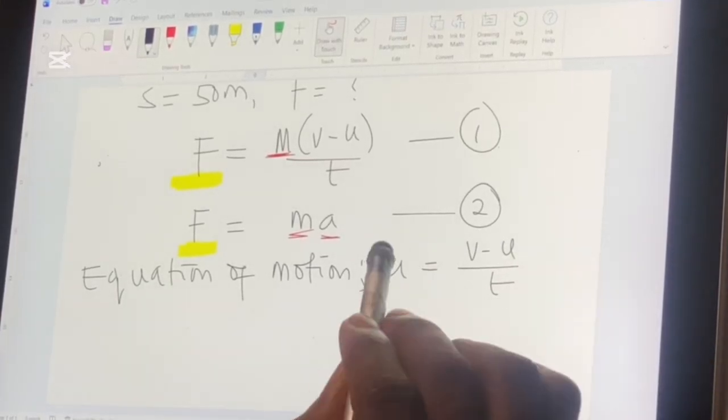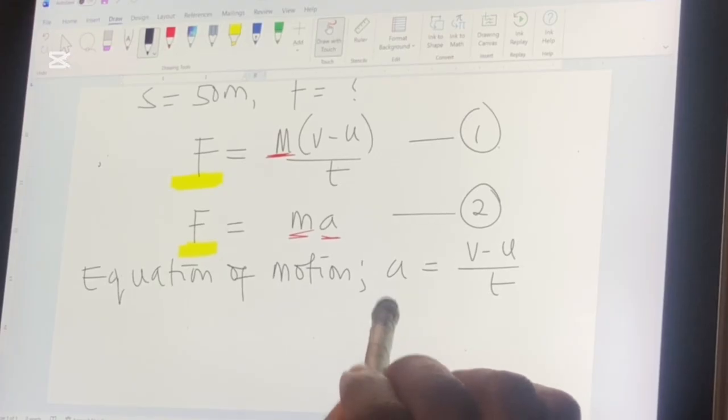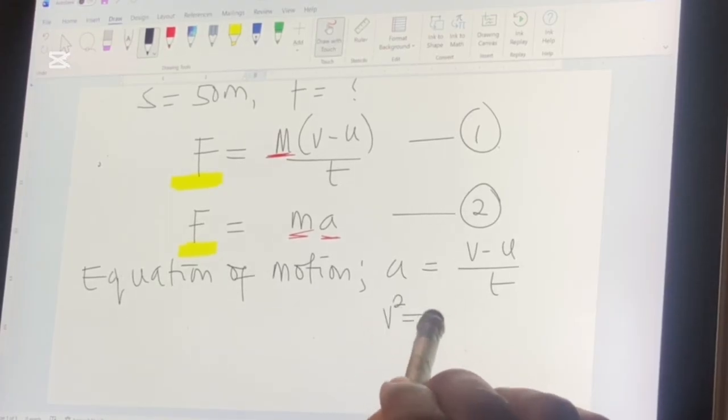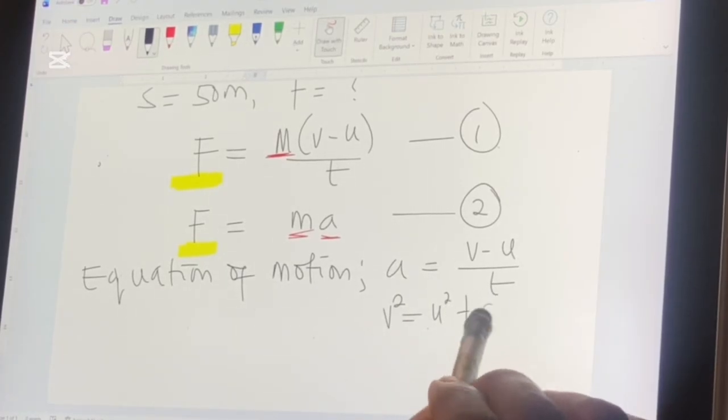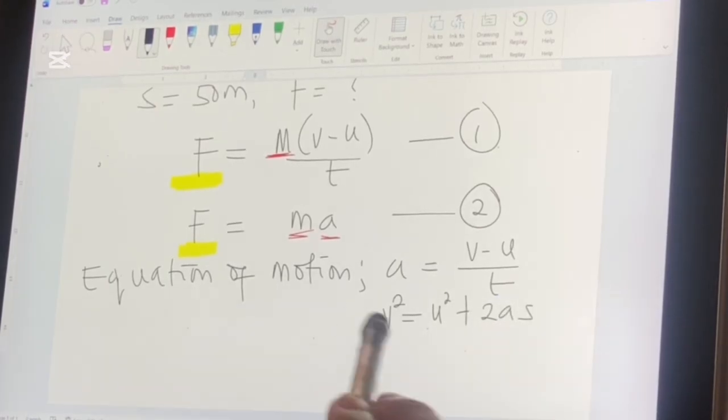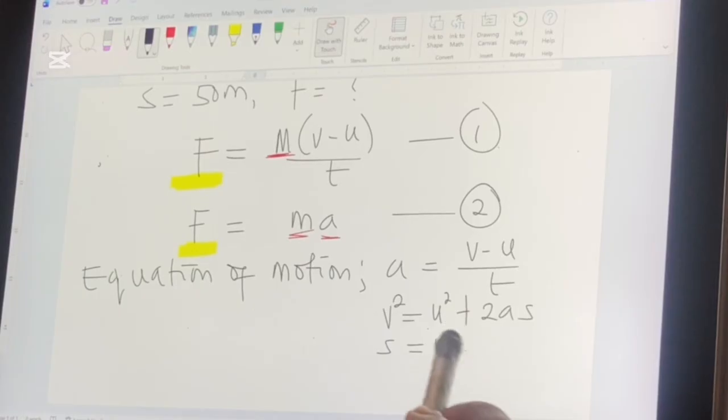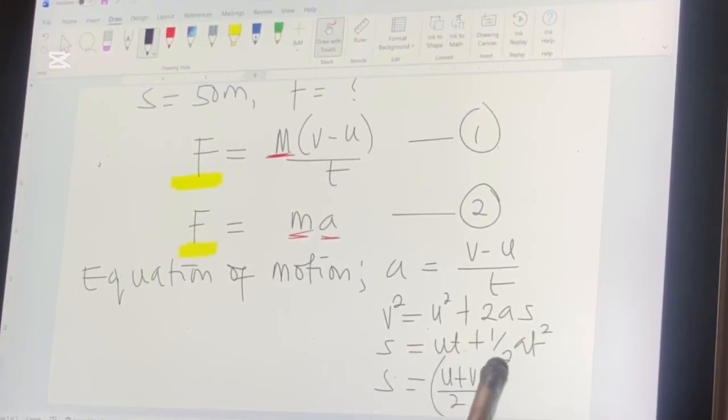Now the second one is v squared is equal to u squared plus 2as. The third one is s is equal to ut plus half at squared. And the last one is s is equal to u plus v over 2 times t.